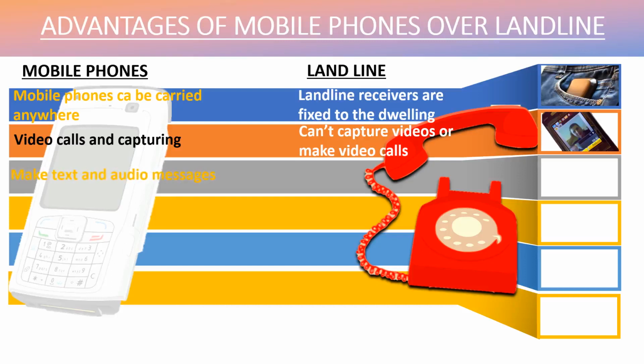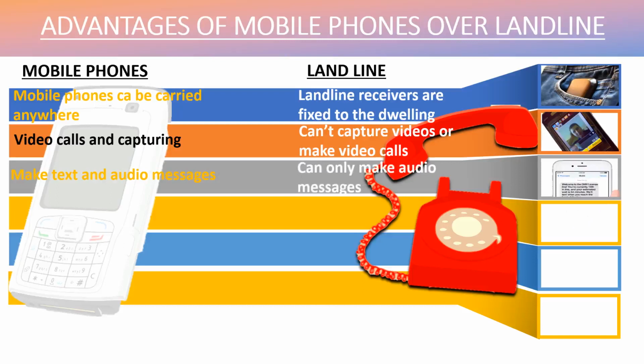Now, the third advantage of mobile phones is that you can text and make audio messages with the mobile phone, which is very advantageous to people who cannot hear and those that cannot even speak, which becomes a very big disadvantage when it comes to a landline.